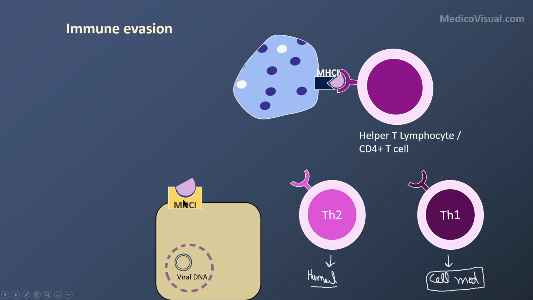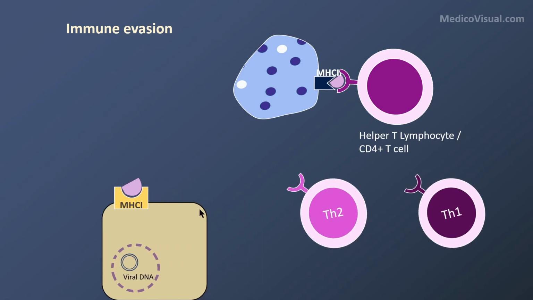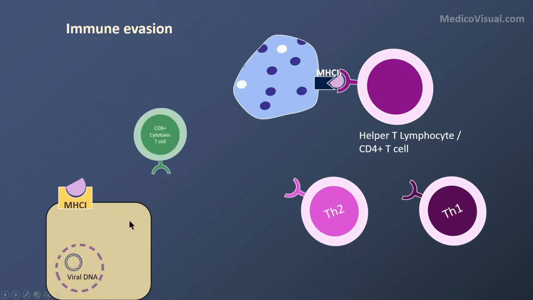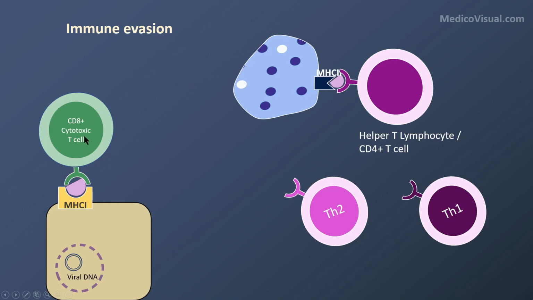Meanwhile, what was happening on these MHC1 antigen-bound cells? A specific cytotoxic T cell will come, but it cannot kill this cell unless it receives the order from this master orchestrator, the helper T lymphocyte. The helper T lymphocyte is the commander-in-chief of the immune system.